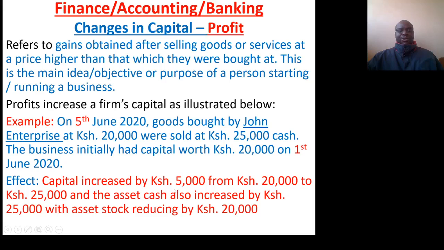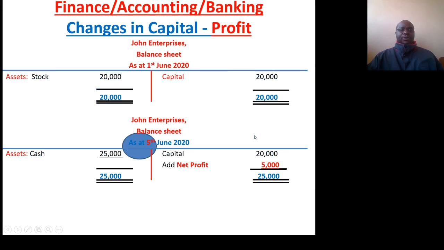And cash will have increased by 25,000, while stock will reduce by 20,000 because we'll have sold all the stock worth 20,000. And then we will receive cash for the business equivalent to 25,000.